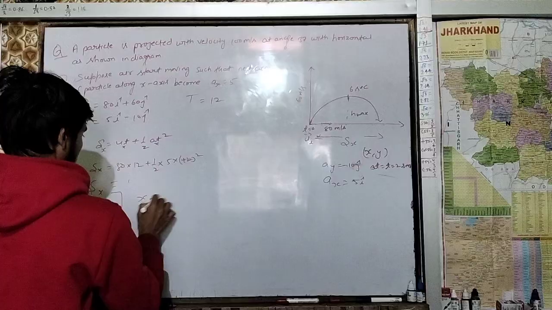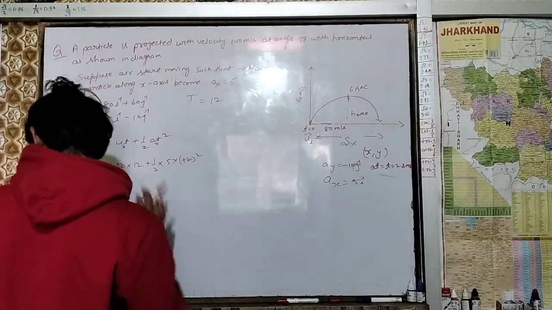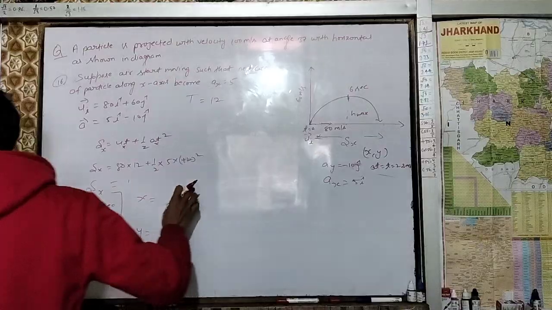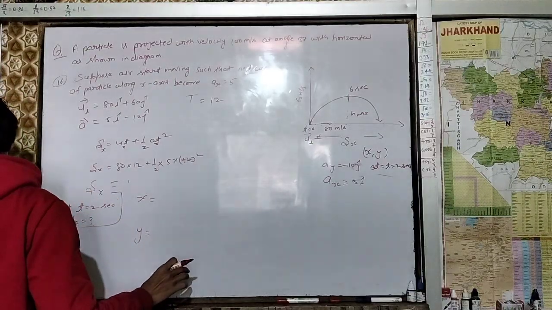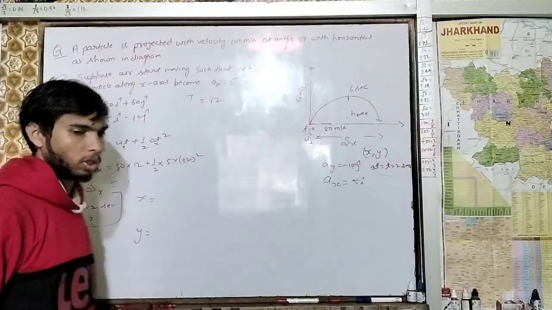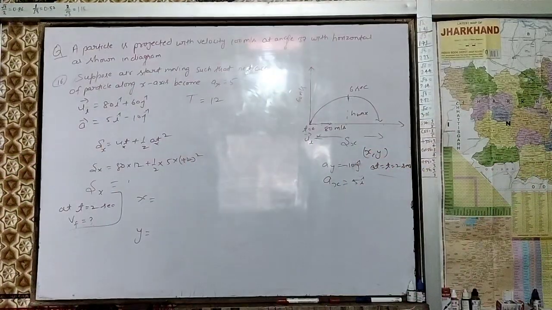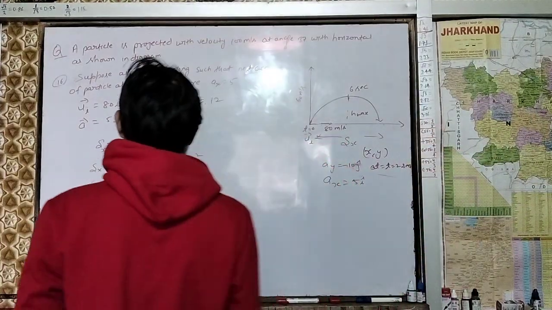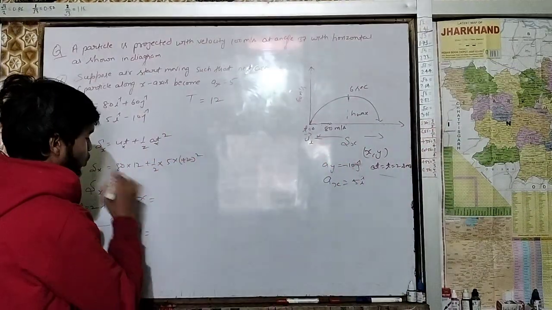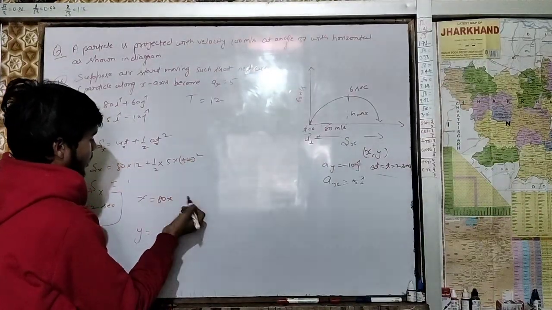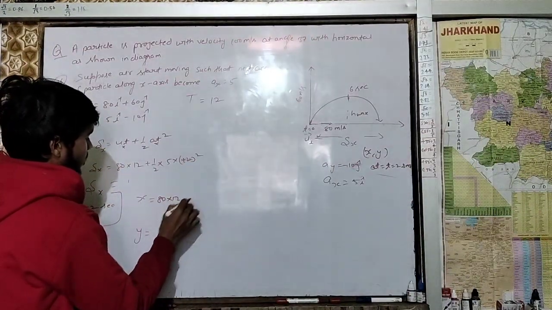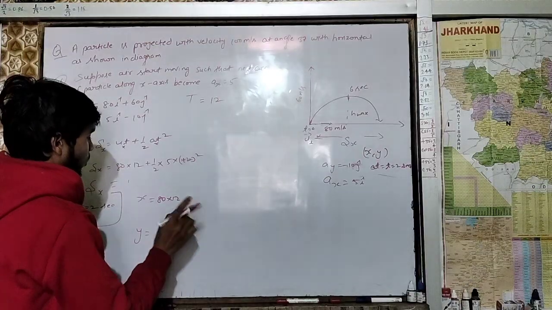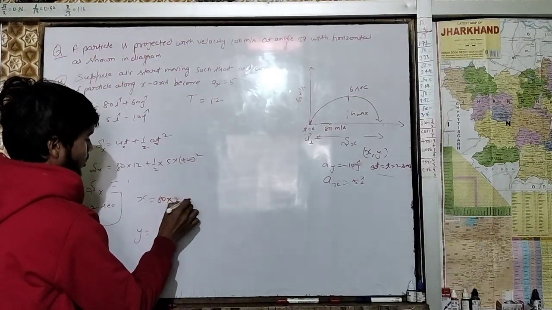Now tell me what would be our x and what would be our y. To calculate x, what to do? It is very simple. For this x, u is 80, t is 2 second, okay, add 2 seconds.